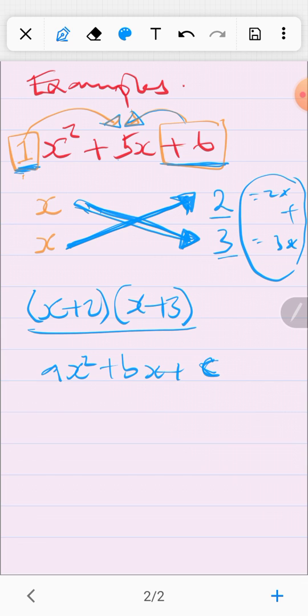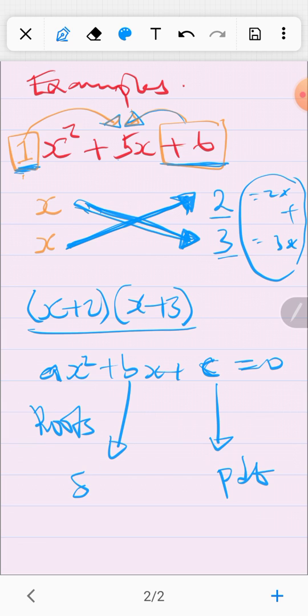the solutions to a quadratic expression are called roots of an equation. Those are basically the numbers that you can plug into this expression to get 0. Since they're called roots, this number c is the product of the roots, and this number b is called the sum of the roots.